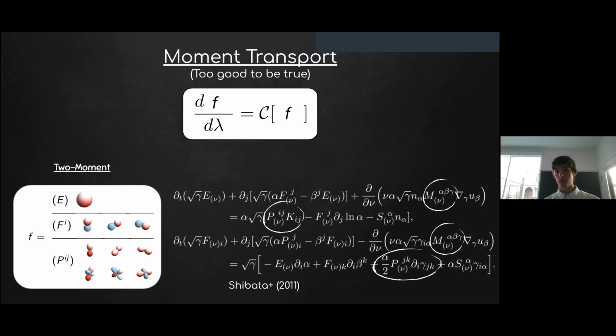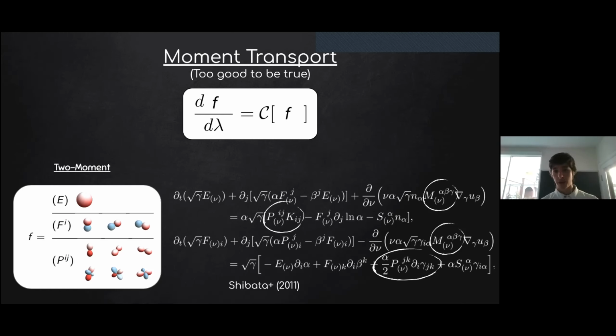But the approximation from this moment transport comes in saying, I'm only going to explicitly write the evolution equation for the energy density and the flux. And so for instance, this is the relativistic evolution equation. Everything but the E, the F, the P, and the M, these are all just metric quantities that have to do with the space-time.